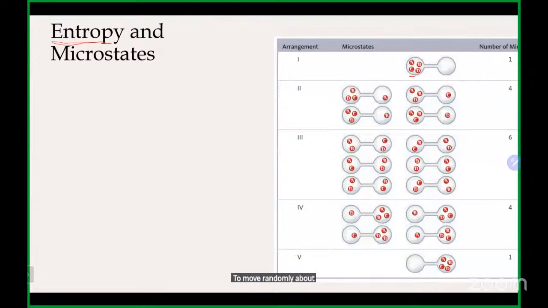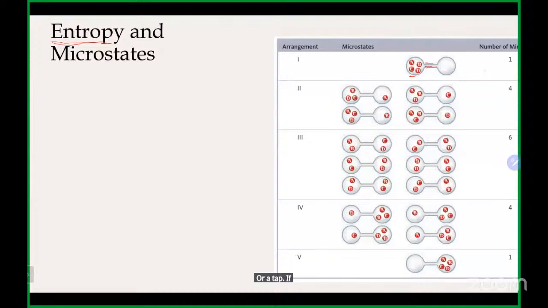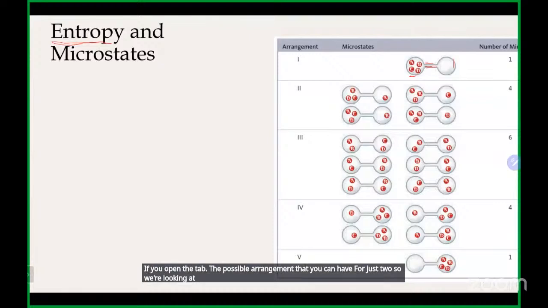So take four particles put in two vessels connected by a tap. If you open the tap, the possible arrangement is that you have all four here or all four there.